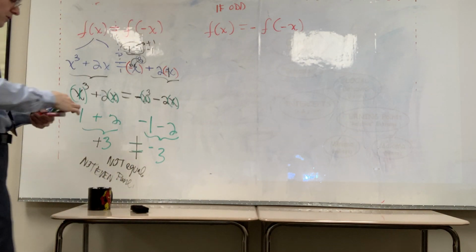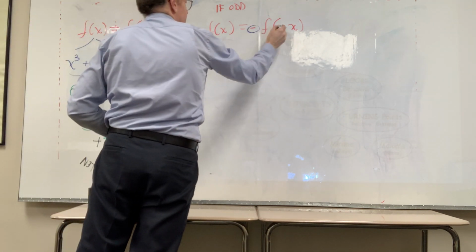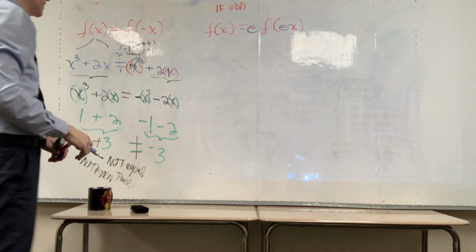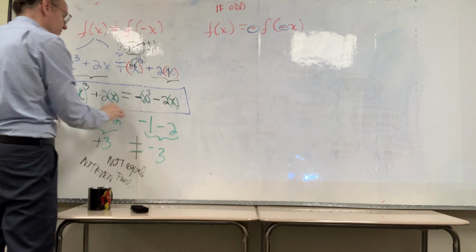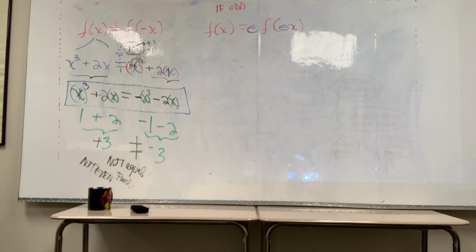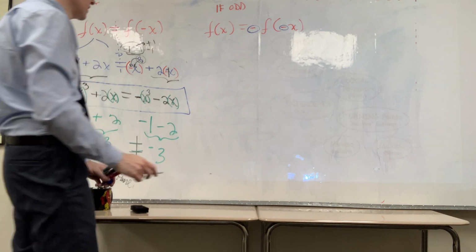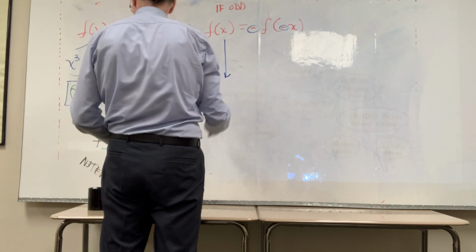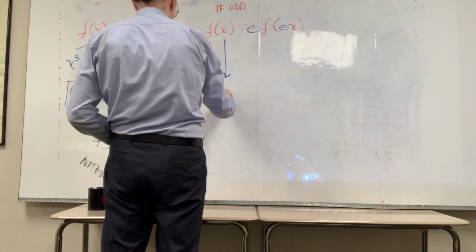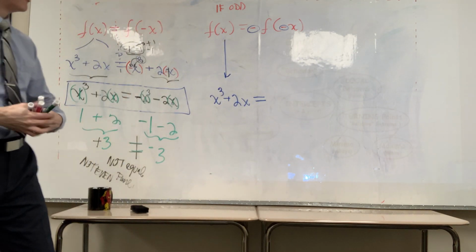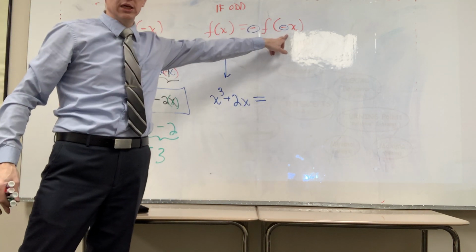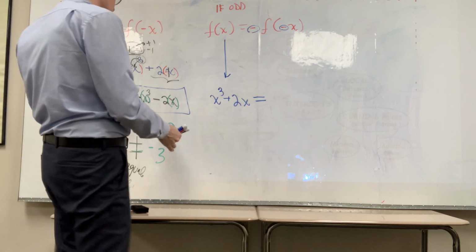So with that extra feature, input and output, I'm going to take what I had here, to spare myself a little bit of trouble, and replicate it. I got x cubed plus 2x on one side. If we're following this sort of rule here, then it's almost the same thing.